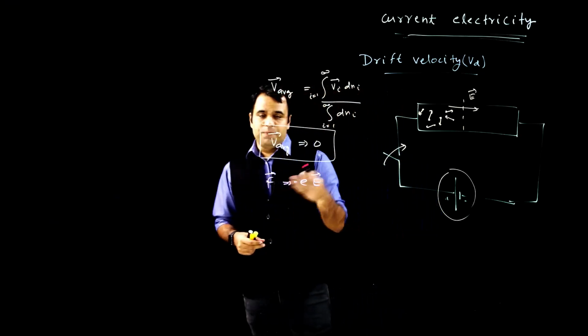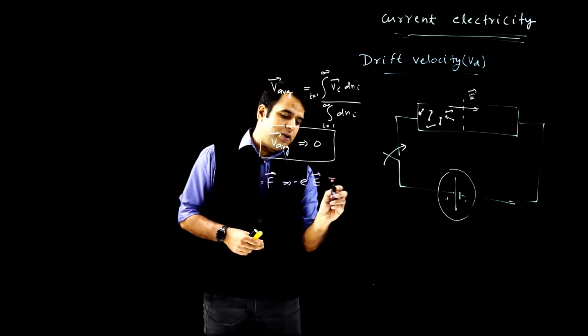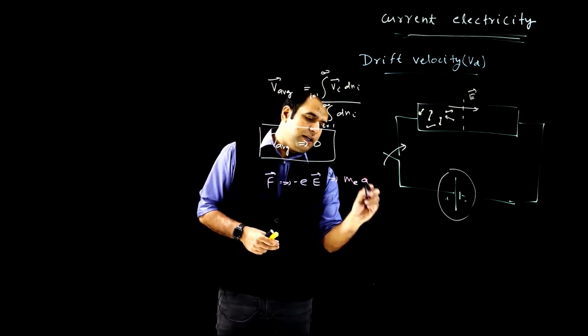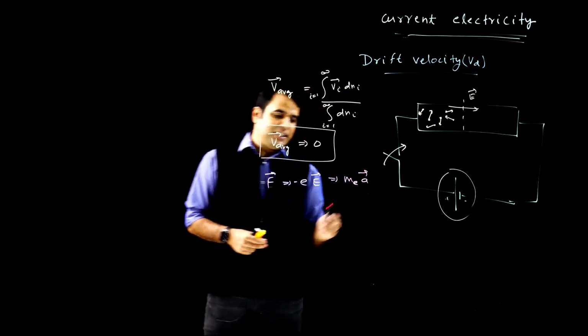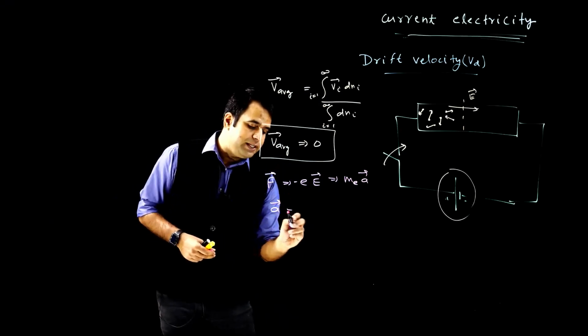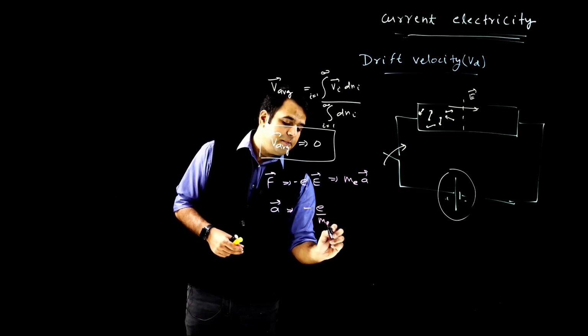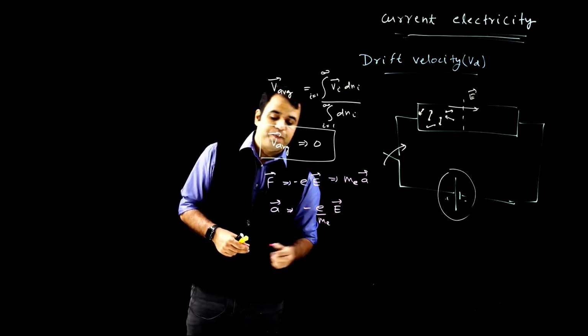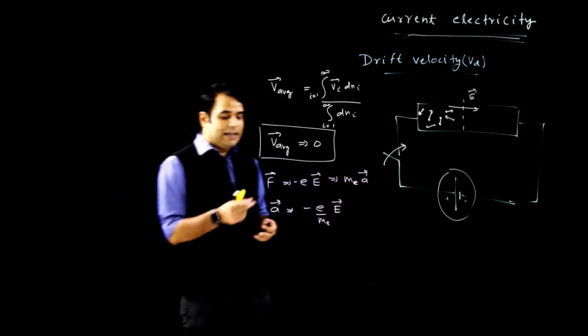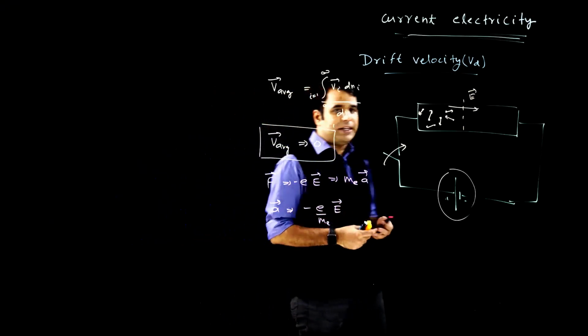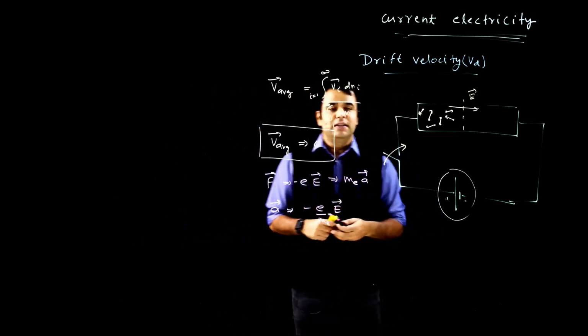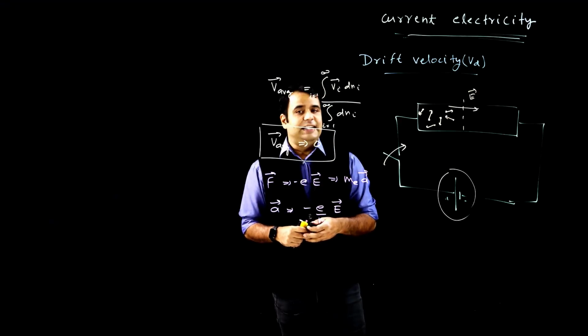Due to this force, it will start accelerating. The acceleration experienced by the electrons will be equal to minus eE by me. Each and every electron will experience that much acceleration.